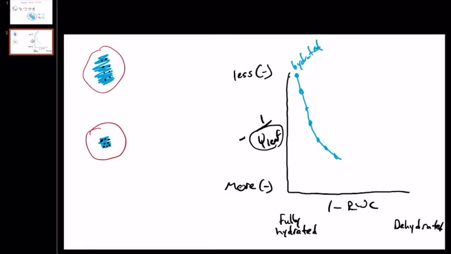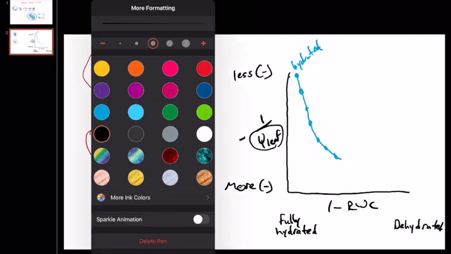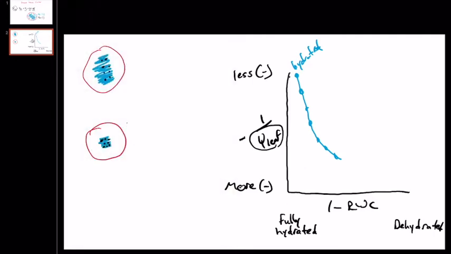The number of sugars doesn't change, but the sugar concentration changes. So in this one, we have higher sugar concentration, or I'm just going to call it solute because it's not always sugars.